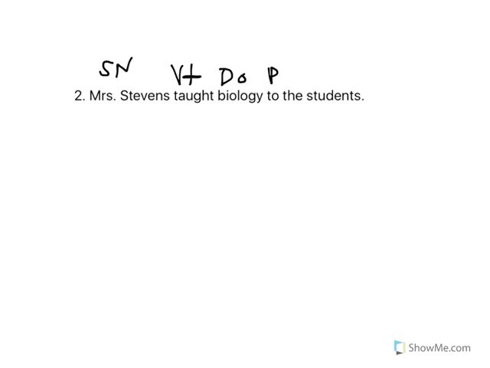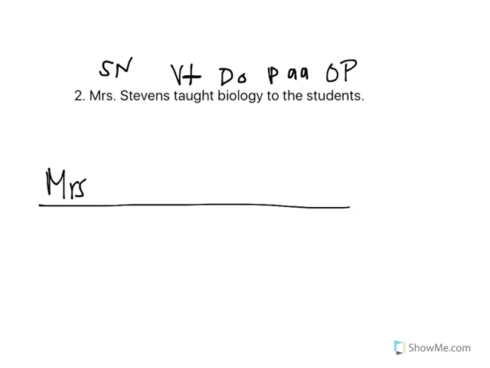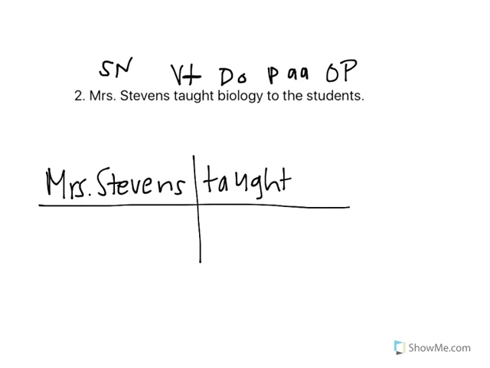To is going to be our preposition. Students is going to be our object of the preposition. The is going to be an article adjective. So let's diagram it. Miss Stevens taught. What did she teach? Biology.